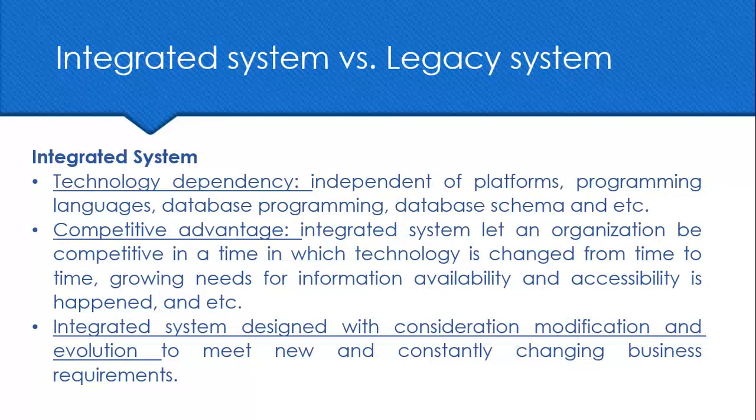This means that this system must adopt changes. If a certain organization changes its policies, business rules, or vision, this type of system or solution must adapt to the change. Now, with an integrated system, it is easier to adapt to change, no?